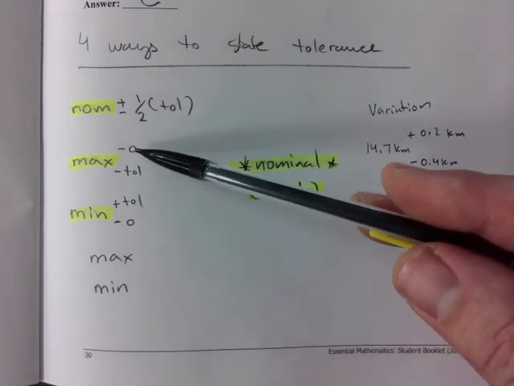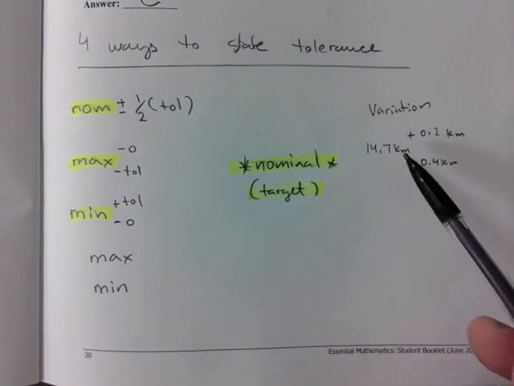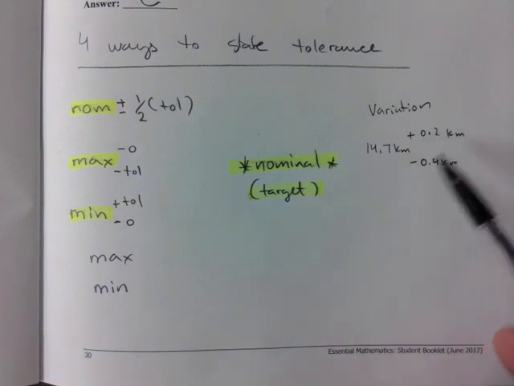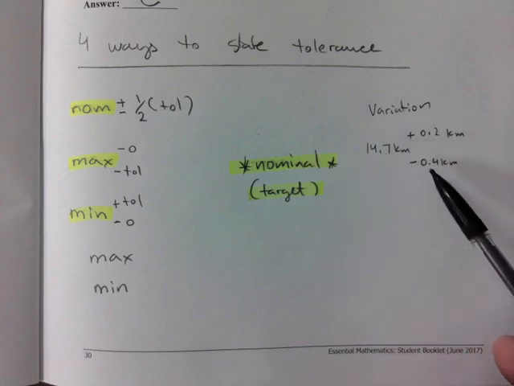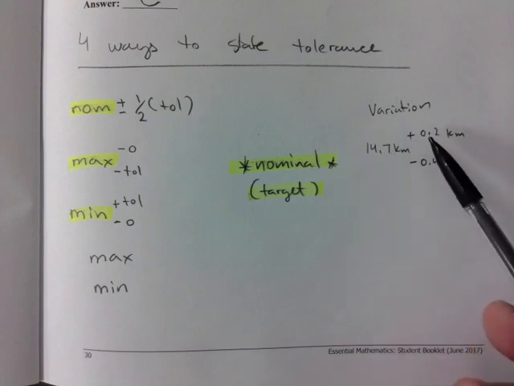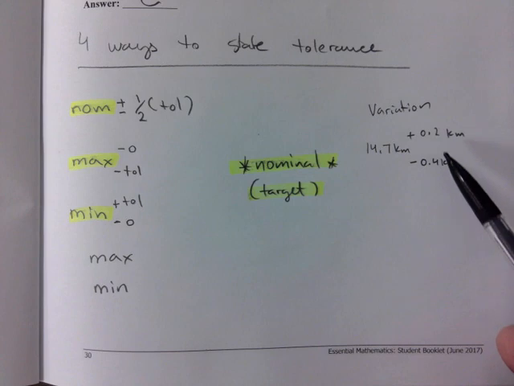Like there is no 0 here. Both numbers are actually non-zero. Can you still get your min and max out of this one, guys? You can, right? So subtract to get your min, add to get your max, subtract the max and the min to get your tolerance. I can see that the tolerance is 0.6, by the way.